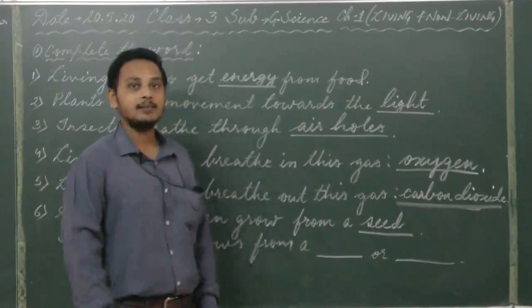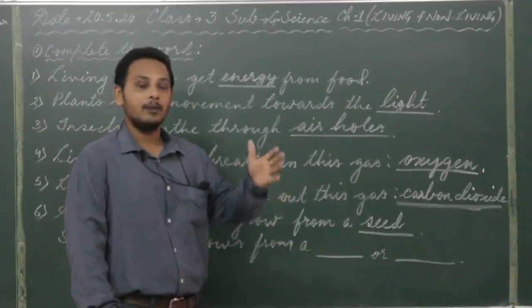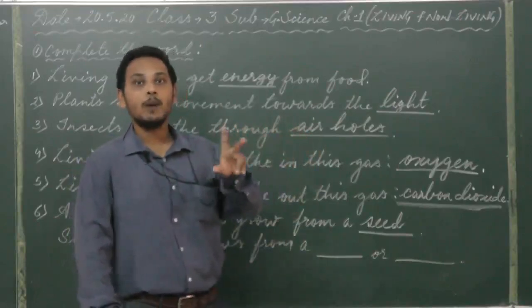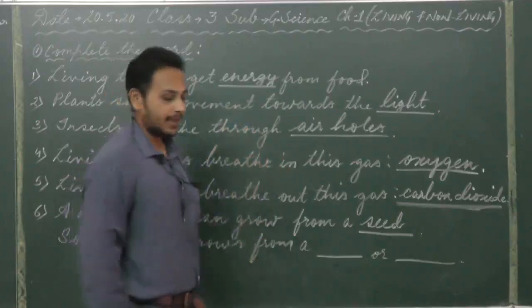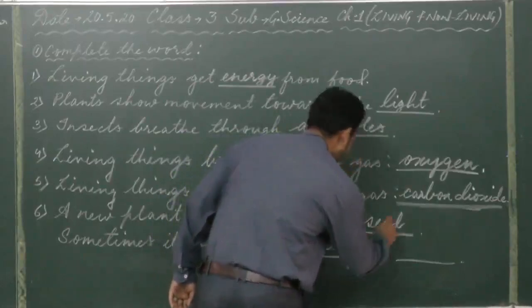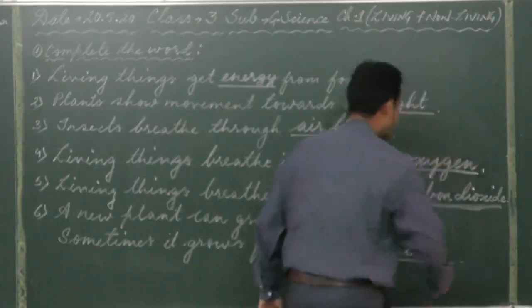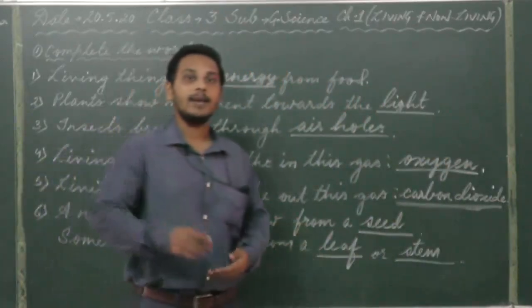There are some plants that do not grow from seeds, but they grow from the parts of the plant. So name the other two parts from where plants can grow. The answer is leaf or stem. These are the other two parts of a plant from where a new plant can grow.